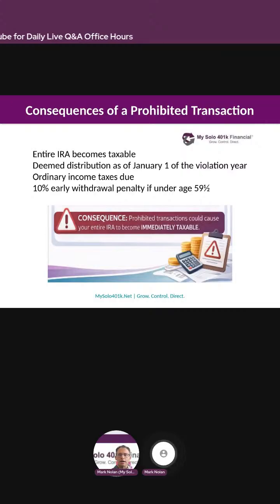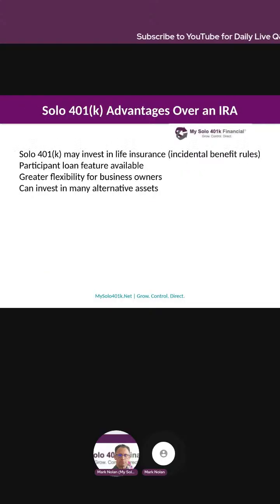Now let's talk about participant loans. So another key difference between a self-directed IRA and a solo 401k plan is the ability to borrow from the solo 401k plan. IRAs do not allow for participant loans.